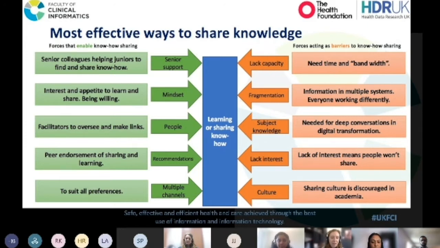If you look down the arrows on the left, they're ways that we identified through that project that sharing of know-how can be enabled. So it's about senior colleagues supporting their junior colleagues and acting as a role model to help them to share, needing to have that appetite and interest in learning and sharing of knowledge, having someone who can act as a facilitator and make links.